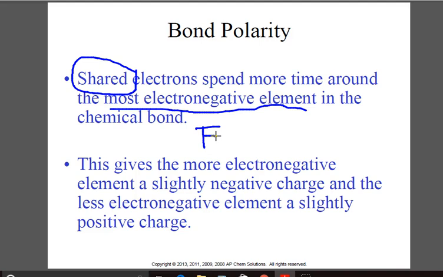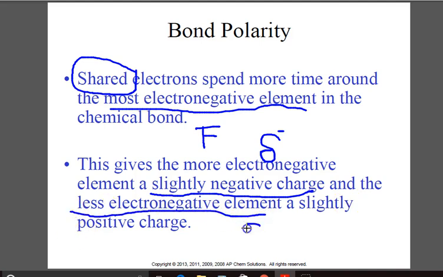This unequal sharing gives the more electronegative element a slightly negative charge. We call it a partial charge, and we use this symbol sigma to show that. So a partial negative on the more electronegative element, and then the less electronegative element will have a partial positive charge.